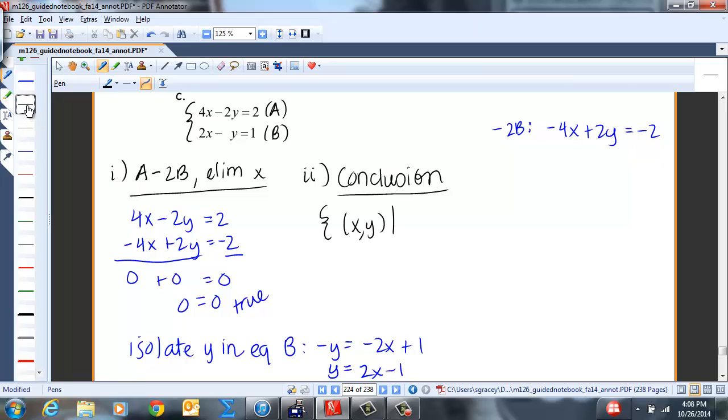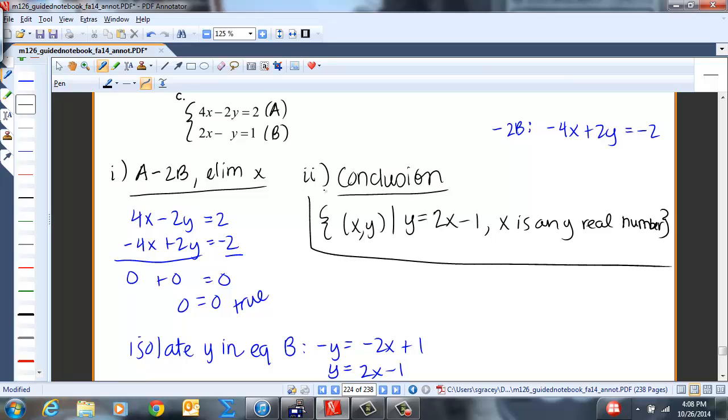So that's what we'll put up here. We'll say y is equal to 2x minus 1, and x is any real number. Okay?